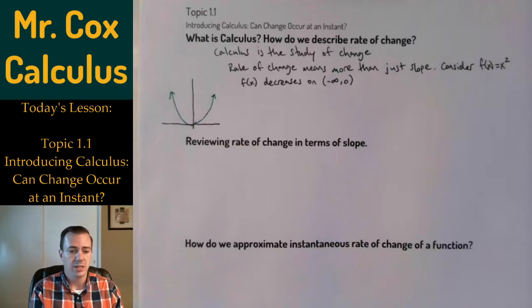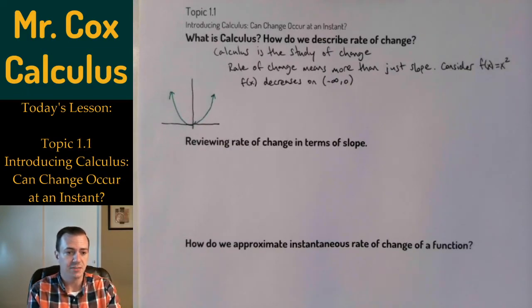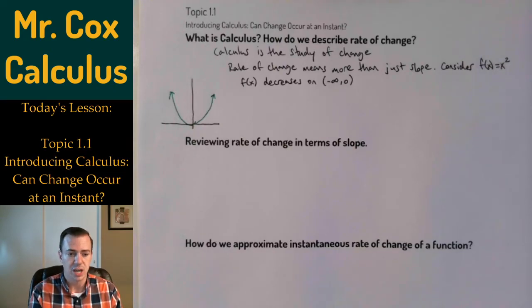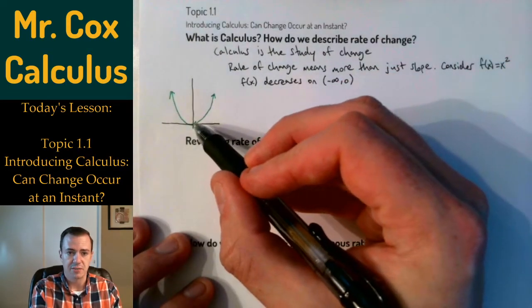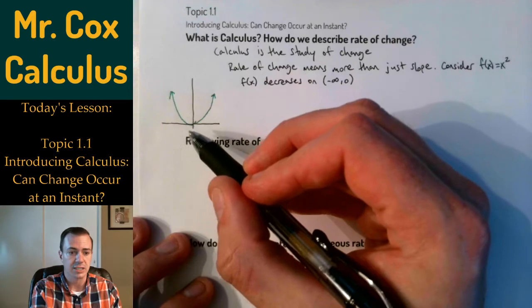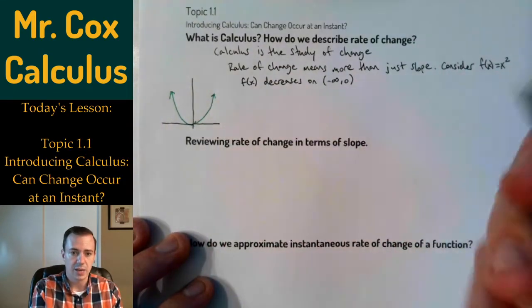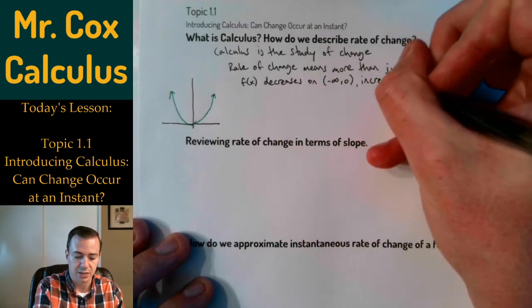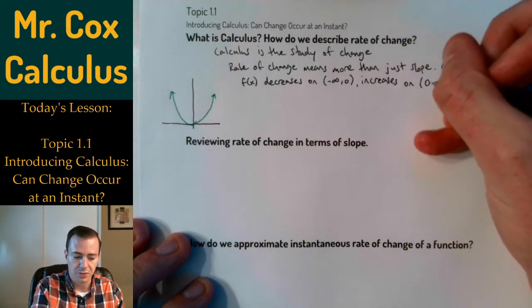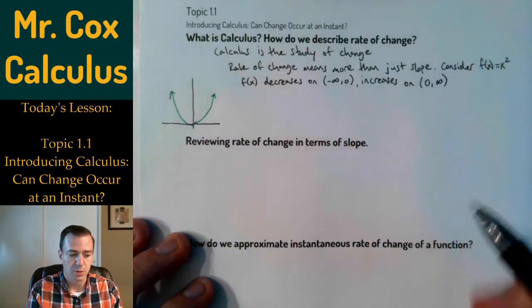And if you think about what a decreasing rate of change means, a decreasing function has a negative rate of change. And as we actually start to get deeper and deeper into this idea, you'll learn that, yeah, it's got a negative rate of change from negative infinity to 0. Well, we can also say that from 0 onwards, the function is increasing, and so it has a positive rate of change because f of x is increasing on the interval 0 to infinity.